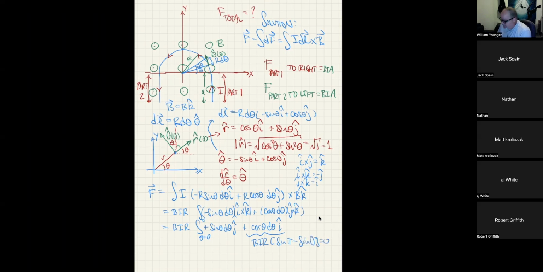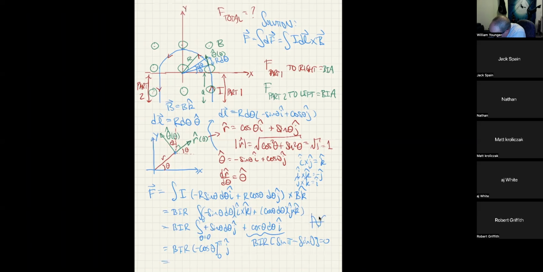Now, the derivative of negative cosine is sine, so the integral of sine is negative cosine. So I'm going to get b I r times negative cosine theta evaluated from 0 to pi in the j hat direction. Now, the cosine of pi is negative 1.